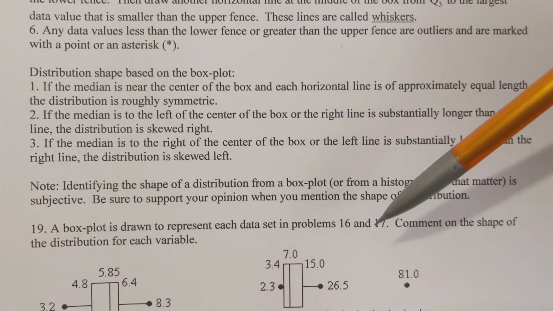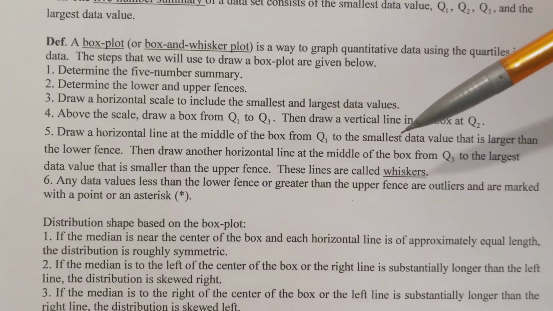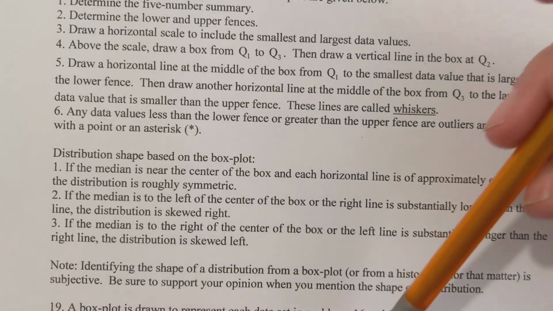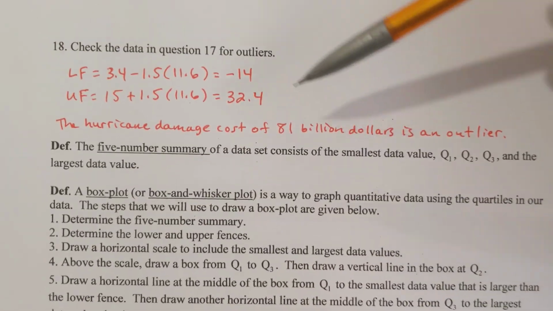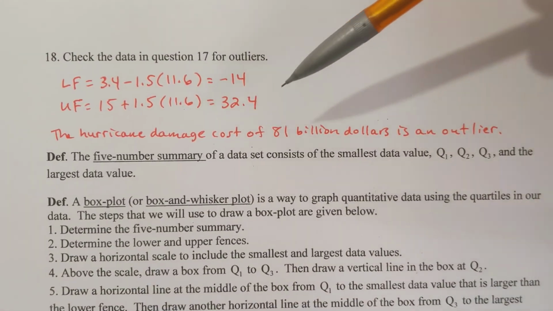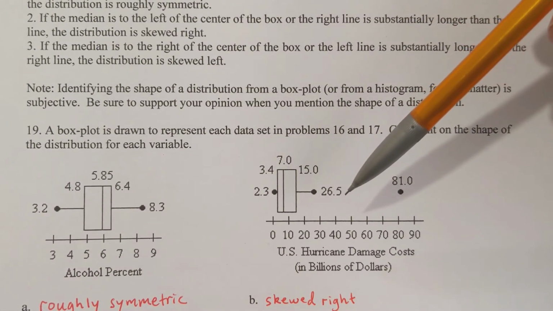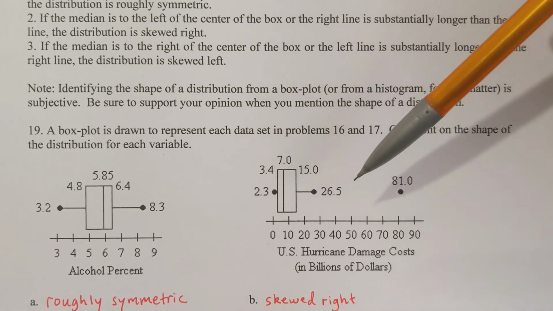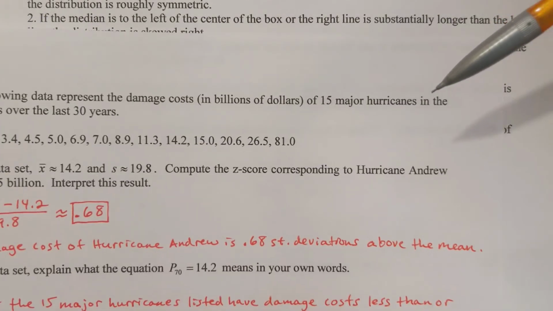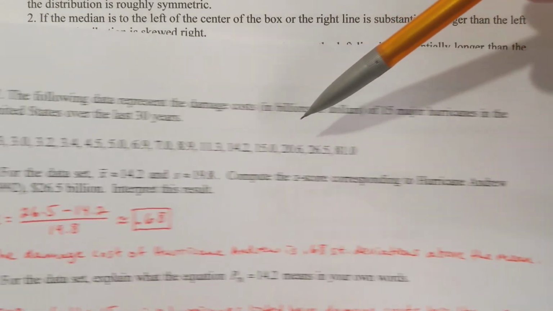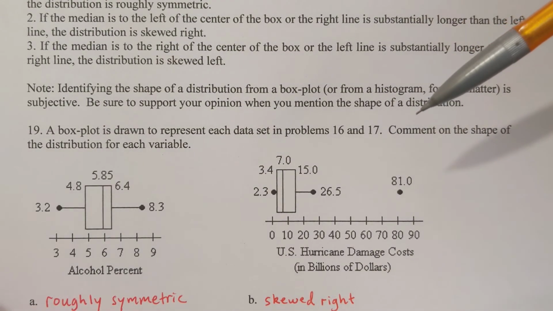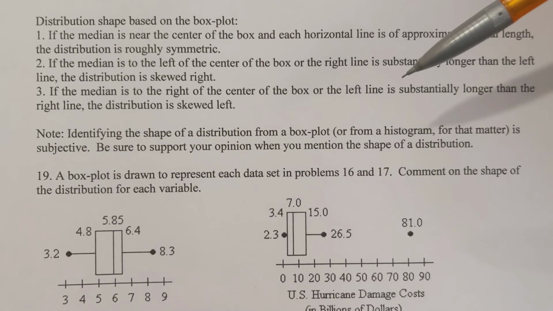Okay, so the upper fence is 32.4, right? So the largest value that is less than the upper fence is 26.5. Okay, if we look at our data set here, 26.5 would be the largest value less than the upper fence.